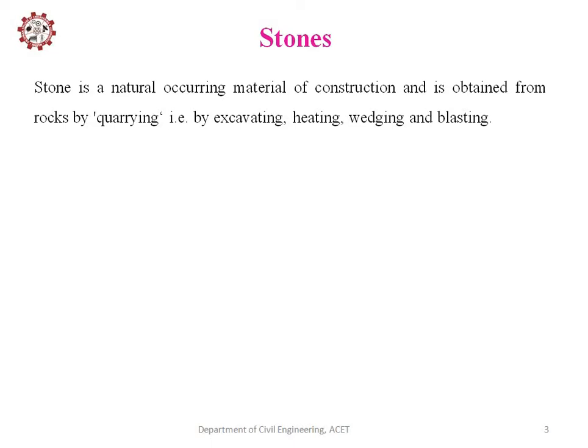Stone is a rock, and when it is from the parent rock, there is no disintegration by weathering effect. So for obtaining good stones, we have to use these four techniques, known as excavating, heating, wedging and blasting.